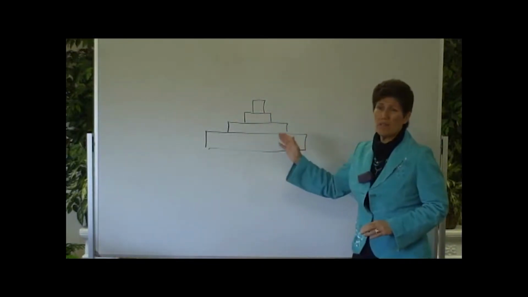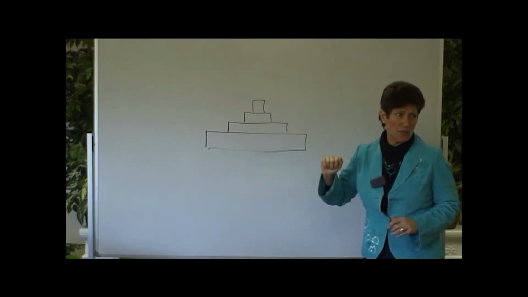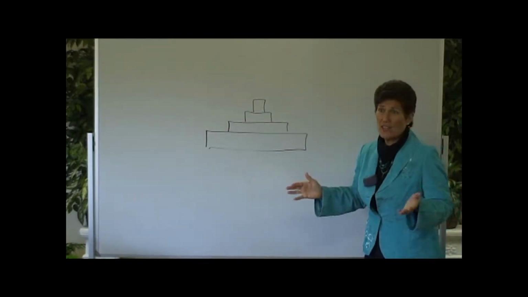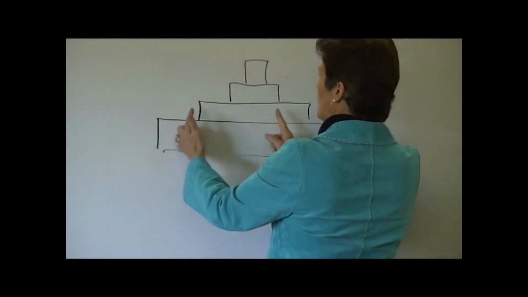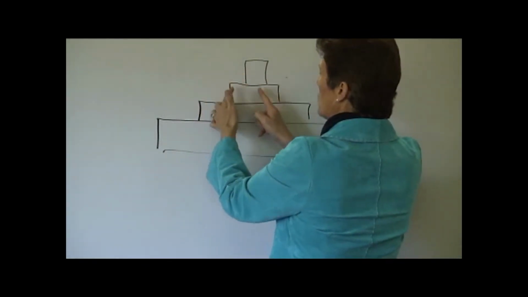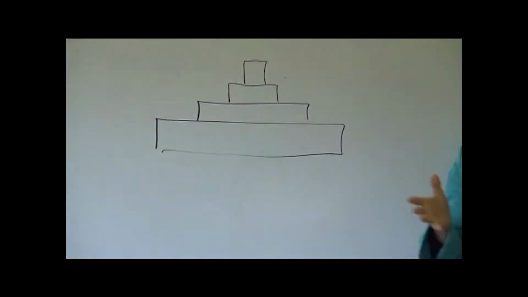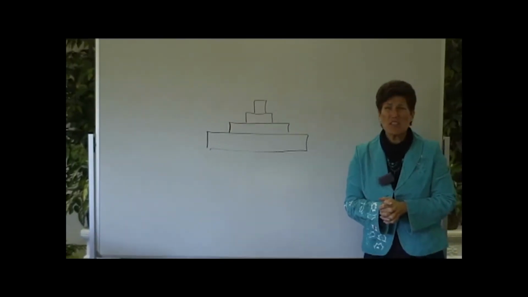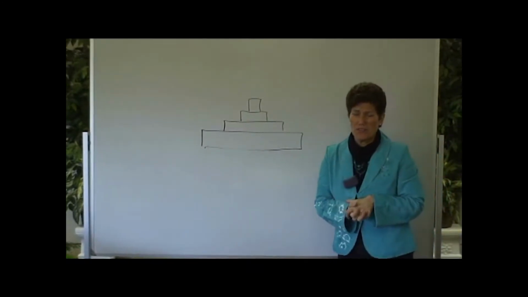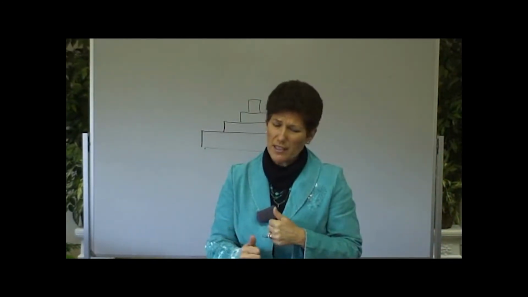It should look something like stacked blocks, okay? Notice this one should be about half of this one, and this should be about half of that one, and this should be about half of that one. Something like that. This is not art. But if you got that general idea, we're in good shape. Thank you very much, Josh. Aren't you glad you didn't have to come up and draw it?